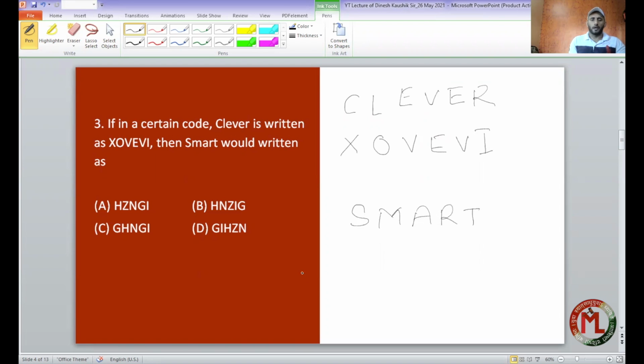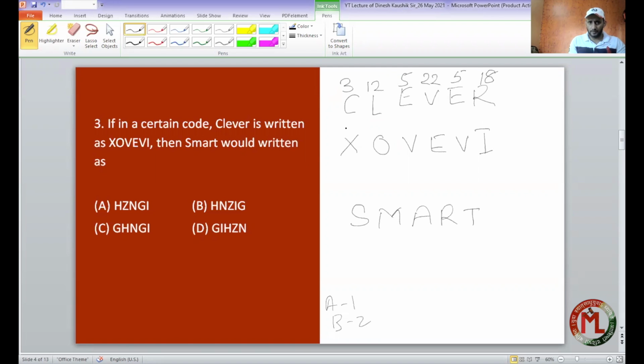My dear, if I write the relative positions of these letters, considering A as 1, B as 2, like this, in that case it is 3, 12, 5, 22, 5, 18.